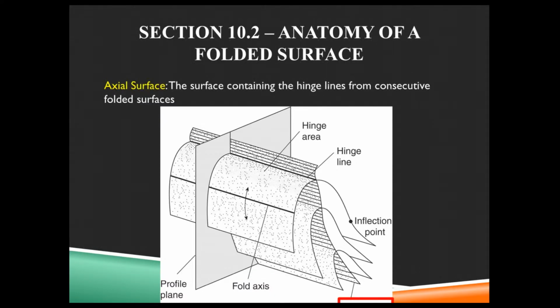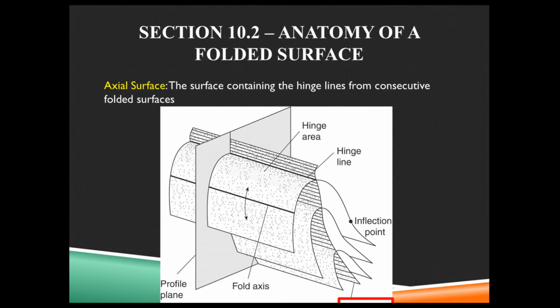An axial surface connects all of the axes right through the hinges. So if we have a hinge line of this layer, and a hinge line of the layer an inch below it, and a hinge line of the layer an inch below that, and an inch below that, all of these lines will make up a general surface.